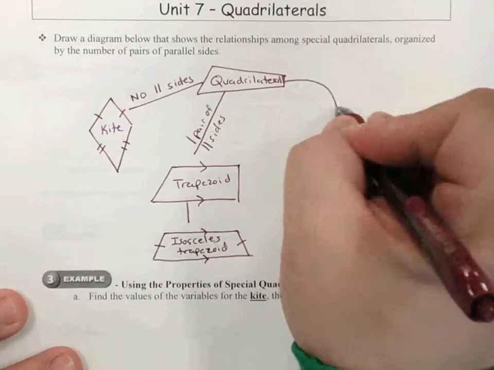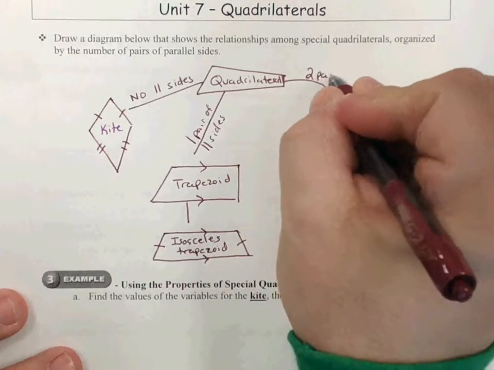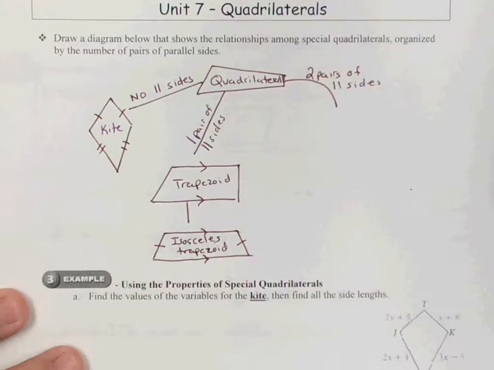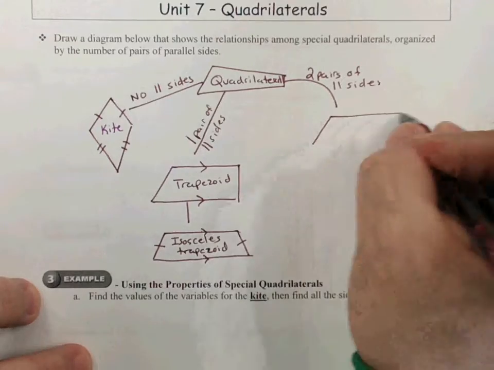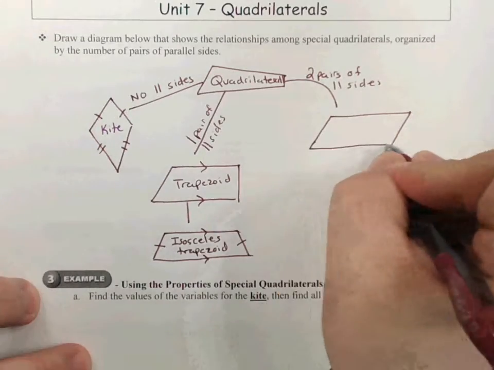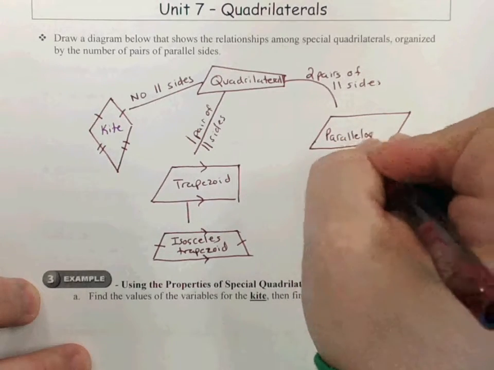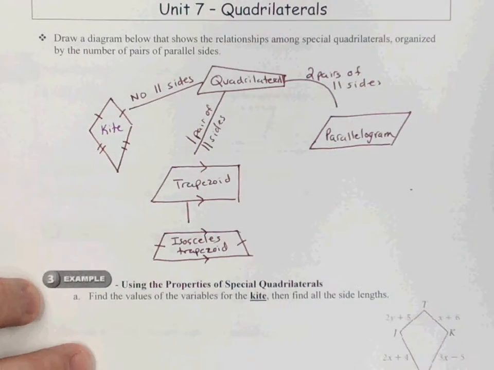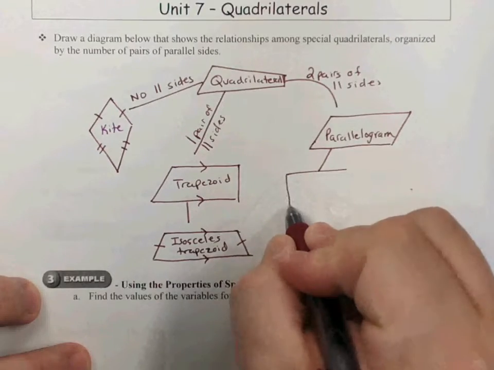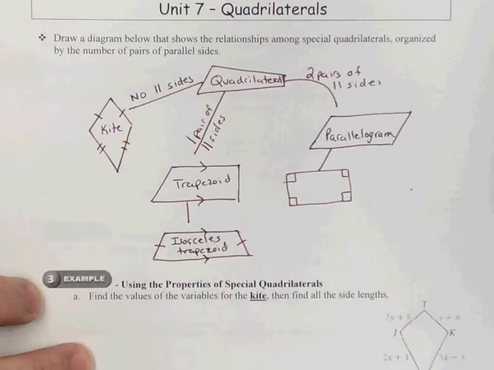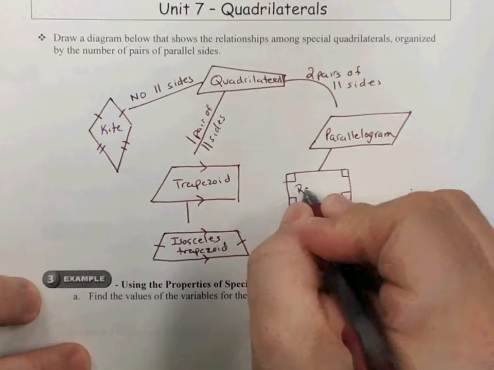Now what happens if we have two pairs of parallel sides? We get something called a parallelogram. And as we know, parallelograms can be split up into two different types. If it has four 90-degree angles, we call this one a rectangle.